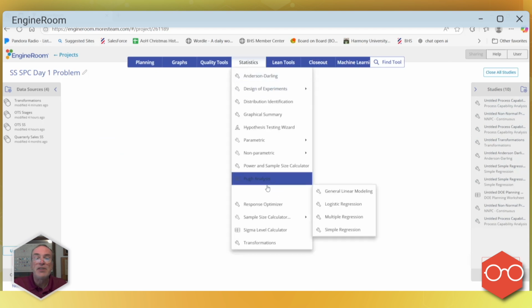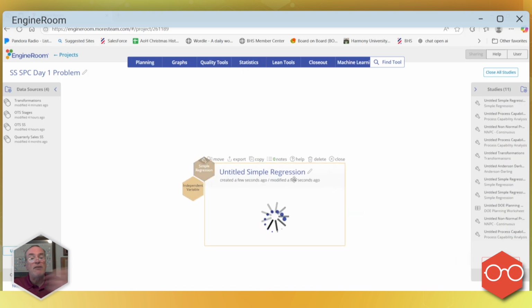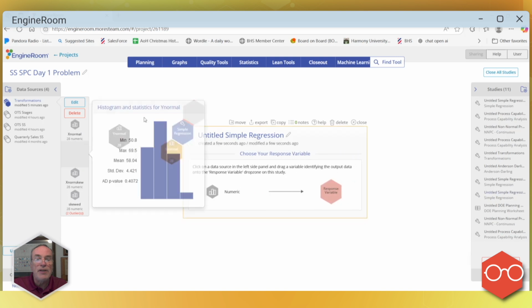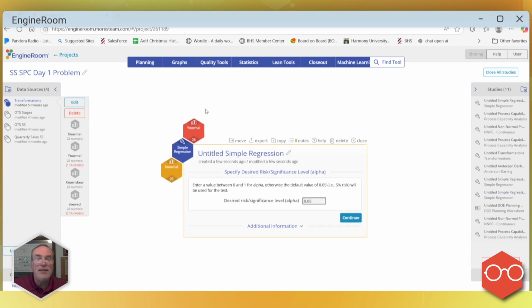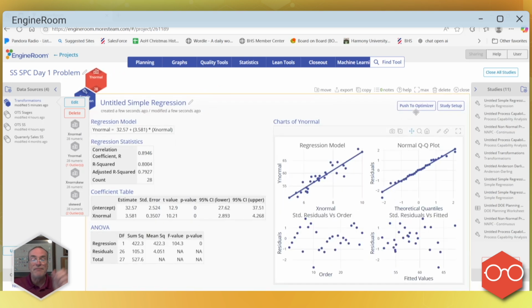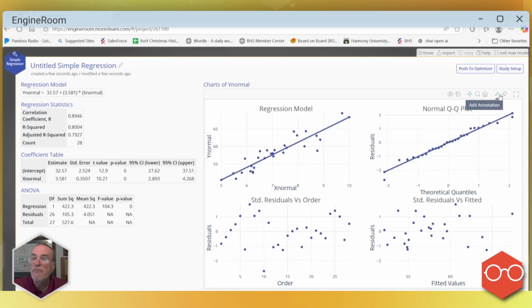All right. So I'm going to go do a regression, and a regression is a model. So I'm going to do a simple regression, and I'm going to put in a normally distributed X and normally distributed Y. If I ran Anderson-Darling, you'd get all the statistics. Everything is great. Trust me on that one.